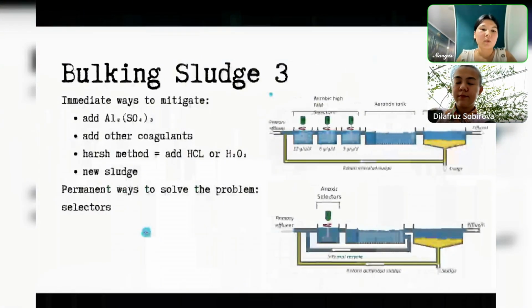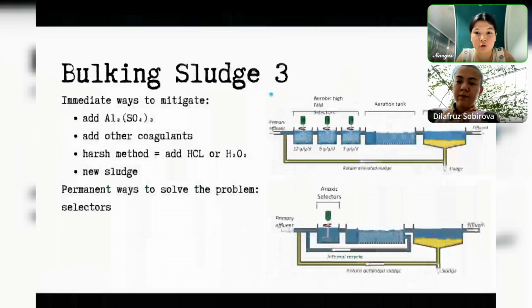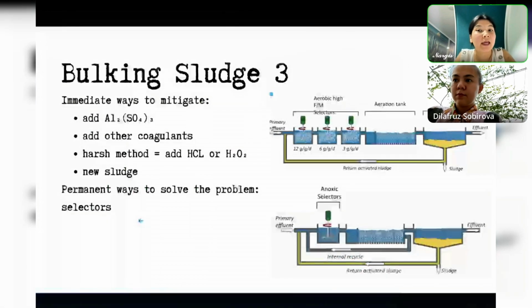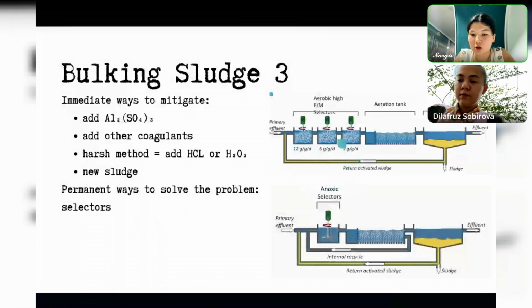Yes. And however, you may be proactive. You may be proactive, and you can solve this problem while you're making this plant. And how different people solve it? So they usually add selectors.